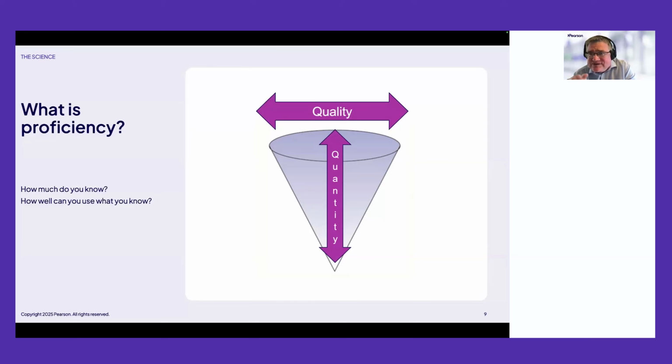However, how they use that vocabulary can vary quite a lot, whether in spoken or written form, or when they're listening or reading. So the innate knowledge may be there, but there's also this element of quality. How well can you use what you know? Those are two of the main constructs that underlie language proficiency.